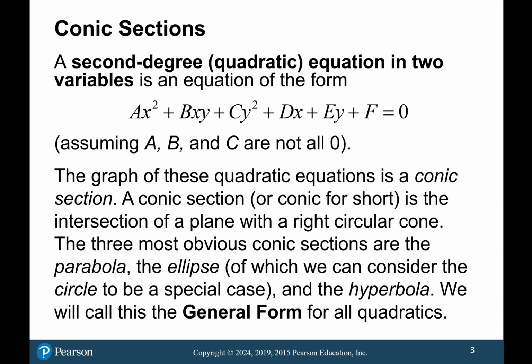We have ax squared plus b times xy plus cy squared plus dx to the first plus e times y to the first plus f, which would be a constant, set equal to 0. Now again, it's second degree, so it's a quadratic equation. If a, b, and c are not all 0, then we're going to have something that's called a conic section.